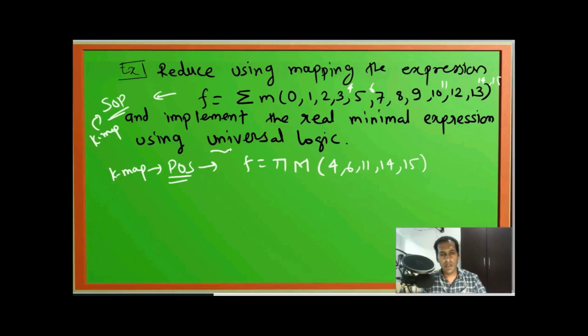Later it asks us to use universal logic, which can be implemented by any universal gate. For example, NAND is a universal gate, so we can use NAND logic. So the first stage is to find the K-map.